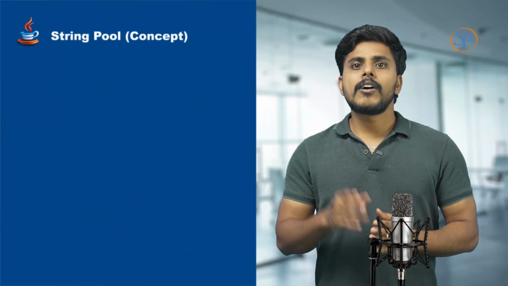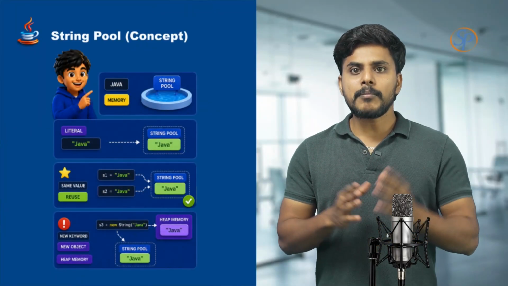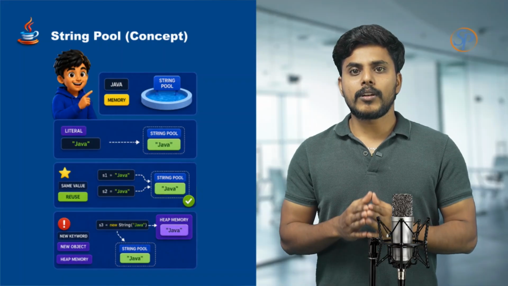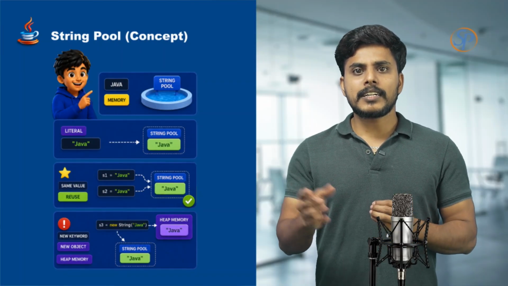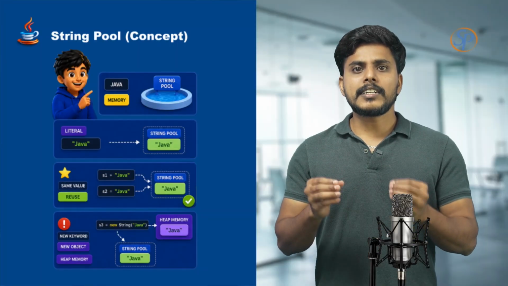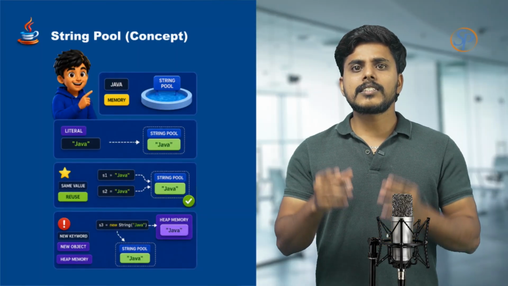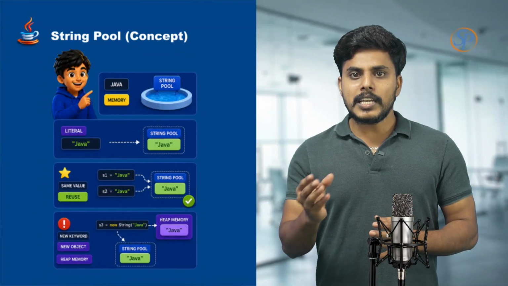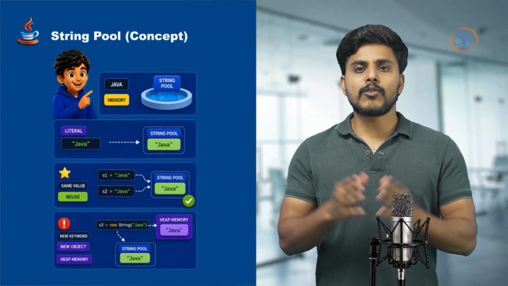String pool. First, string pool. Java uses a special memory area called string pool. Whenever we create a string using literal like "Java", it is stored inside the string pool. Now, here is the interesting part. If the same value already exists, Java will not create a new object.